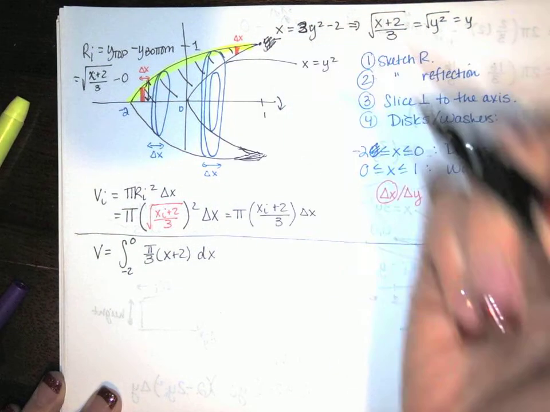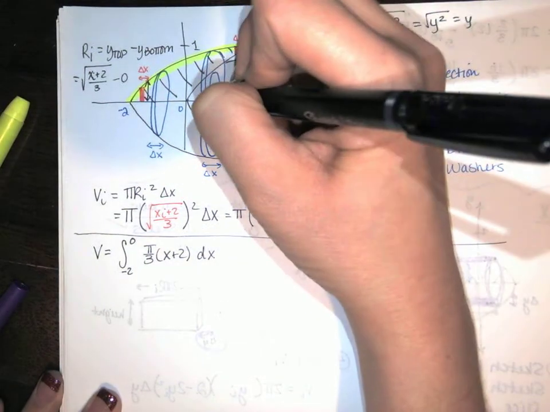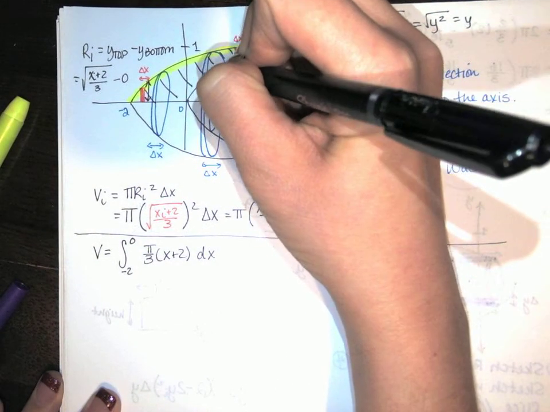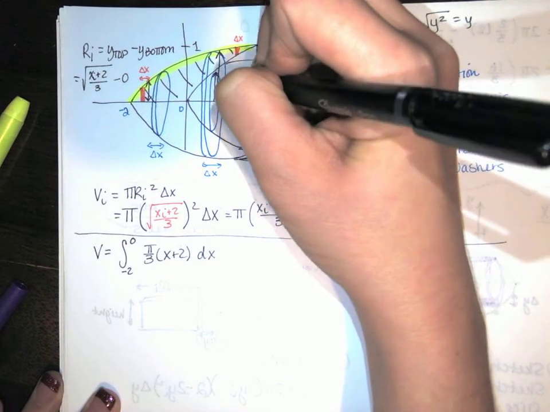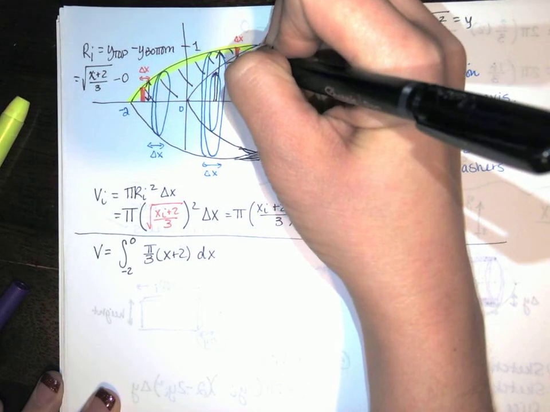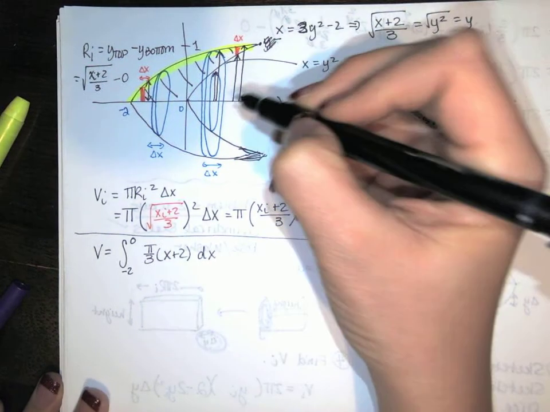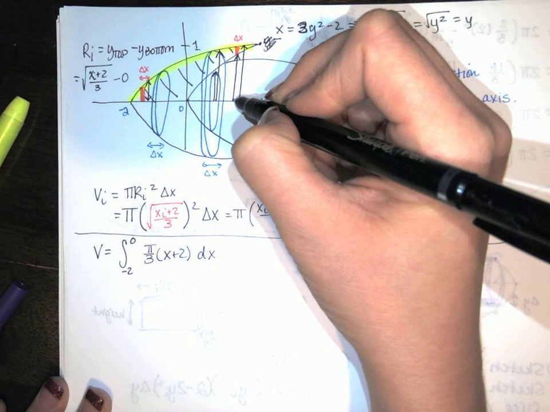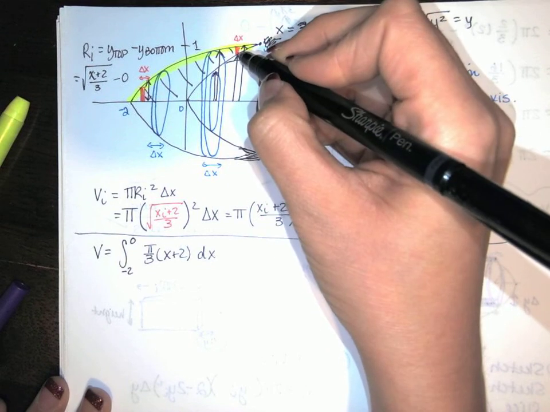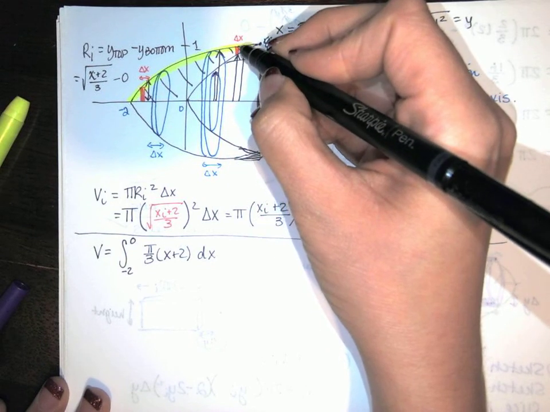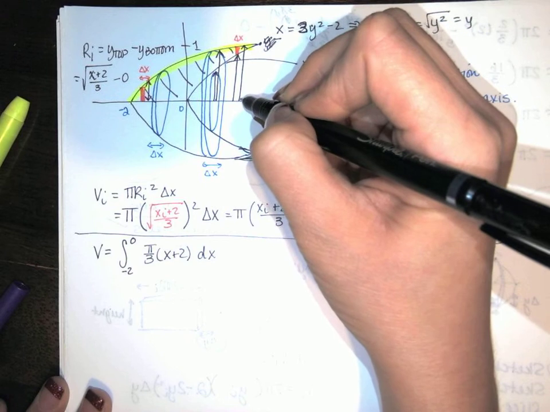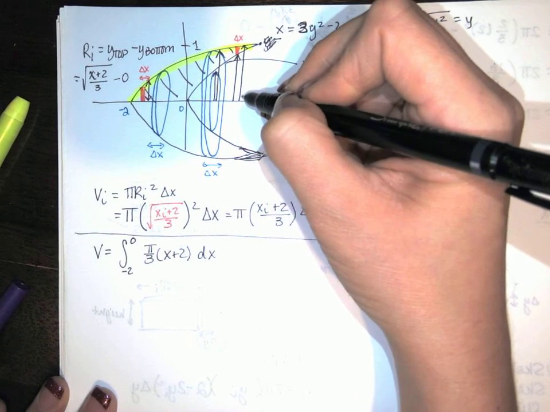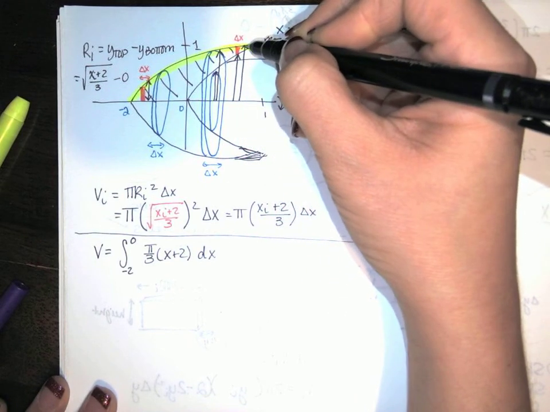Now for the second piece, I've got an inner radius and an outer radius, or this inner radius and this outer radius. Remember, the inner radius goes from the axis to the innermost edge of that representative rectangle. The outer radius goes from the axis to the outermost edge of that rectangle.